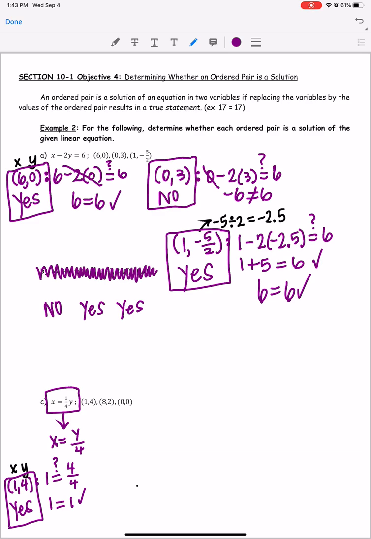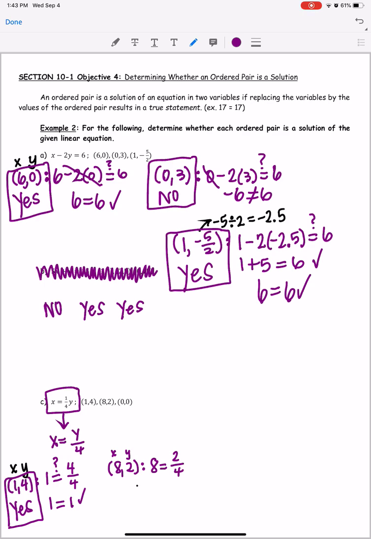Go on to the next one. My next ordered pair is 8, 2. This is my x, this is my y. I'm going to use this equation again. So you got x equals, my x is 8, so 8 equals y over 4. My y is 2, so we get 2 over 4.